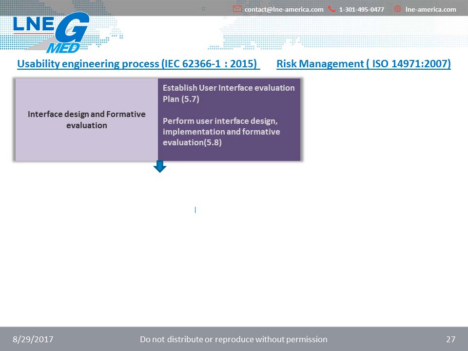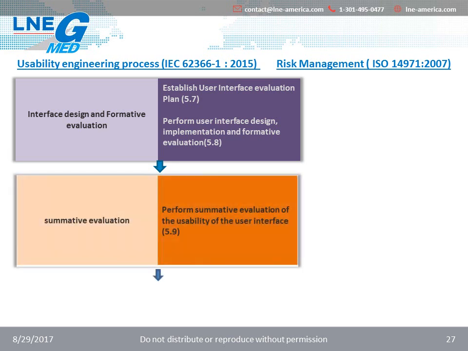Once the user interface specifications are defined, the manufacturer shall establish and maintain a user interface evaluation plan as step 7, which includes both formative and summative evaluation plans of the implemented user interface. Step 8 is to carry out formative evaluation during user interface design and implementation to explore the user interface, identify the need for improvement, or to confirm adequacy of the user interface.